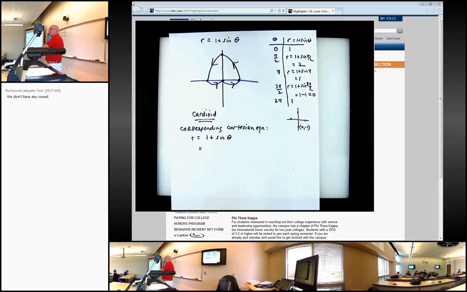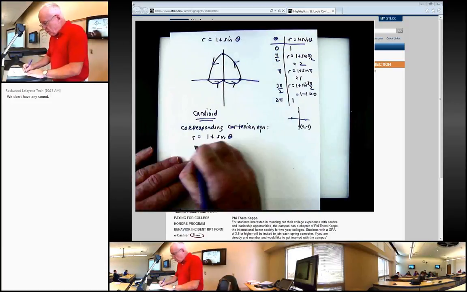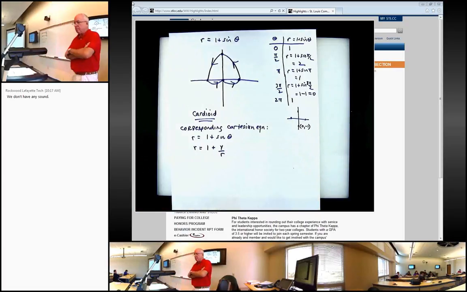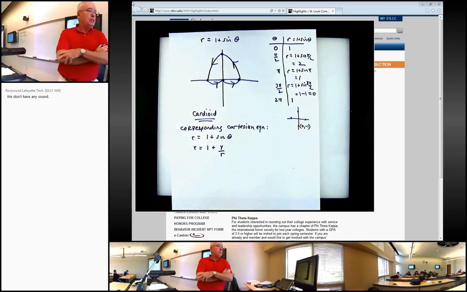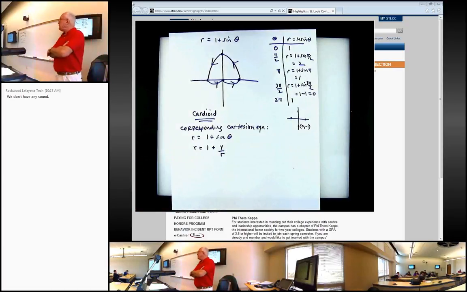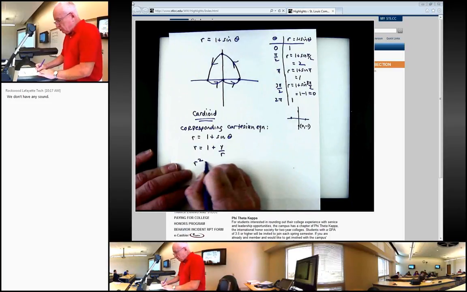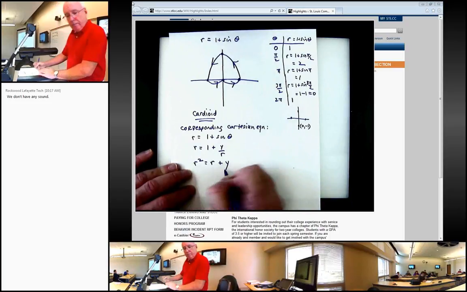What's the sine of theta equal? Y over r. Right, so let's do that. So we have r is equal to 1 plus y over r, all right? And then like we did before, let's multiply everything by the denominator r. So we get r squared is equal to r plus y, all right?